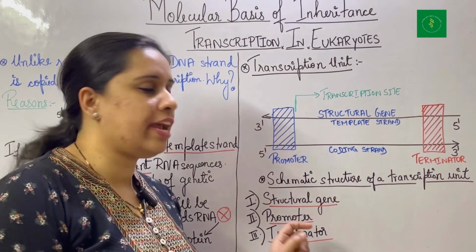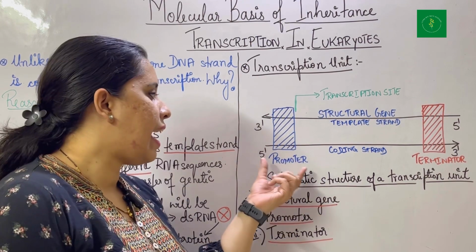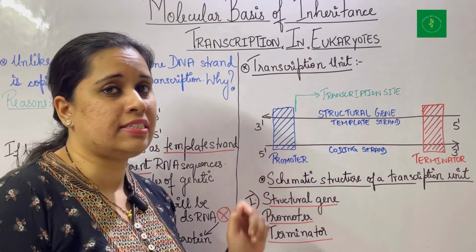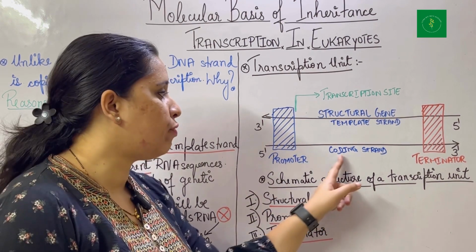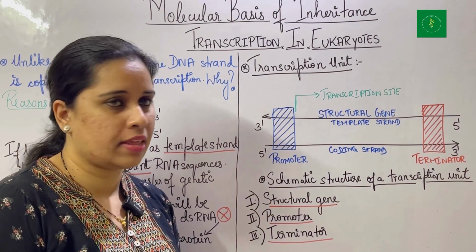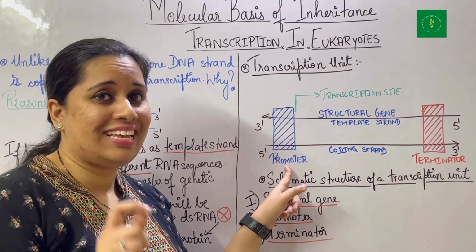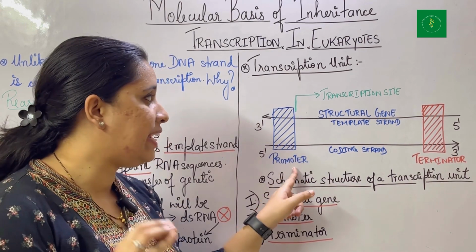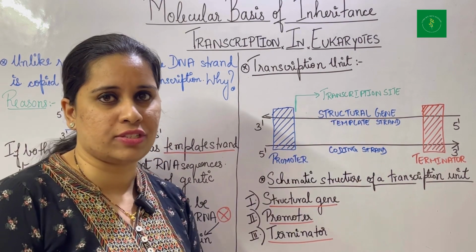The second region is the promoter region, and the promoter region is a DNA sequence which is located towards the 5' end of the coding strand, that is towards the upstream. Promoter region is a binding site for the RNA polymerase enzyme to initiate the transcription process.